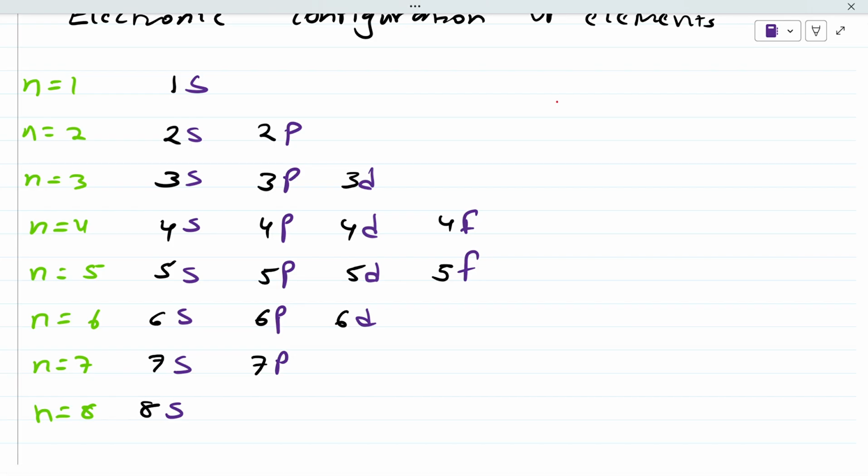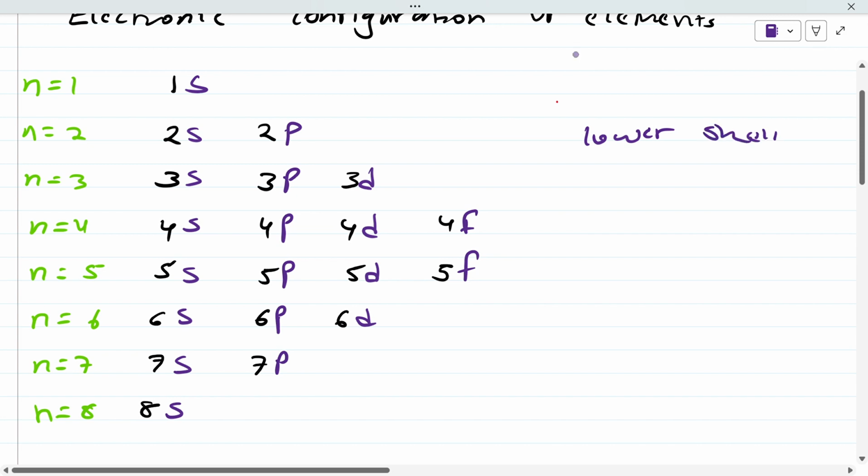So I know you might be asking yourself, how do we really come up with electronic configuration based on this principle? The first thing we say is that in electronic configuration, lower shells are occupied first, followed by the higher shells.